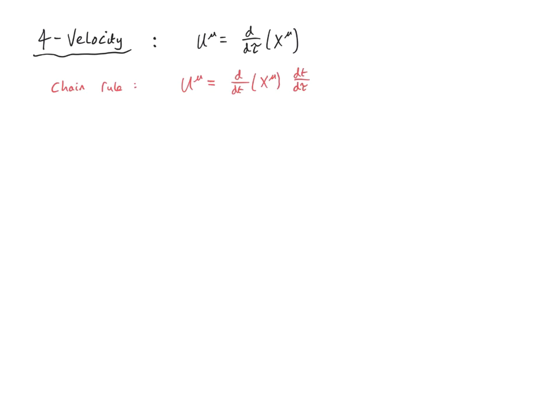First of all, we use the chain rule to write the proper time derivative, d/dτ, in terms of the coordinate time derivative, d/dt. Then we incur this factor of dt/dτ, and by the time dilation formula, this object is simply the Lorentz factor gamma, which of course is a function of the relative velocity between our reference frames.